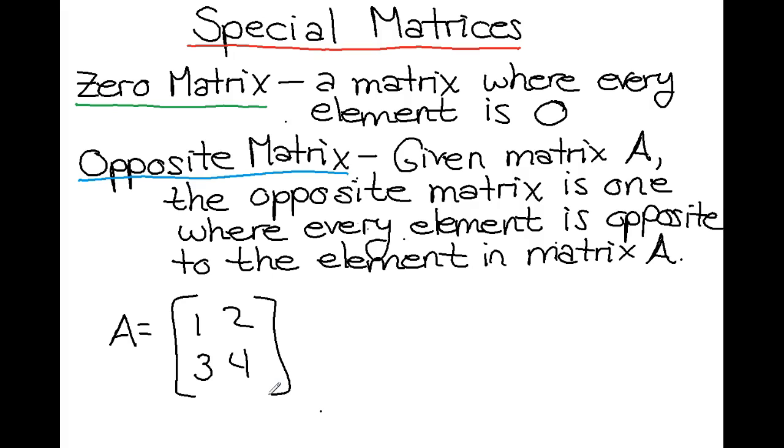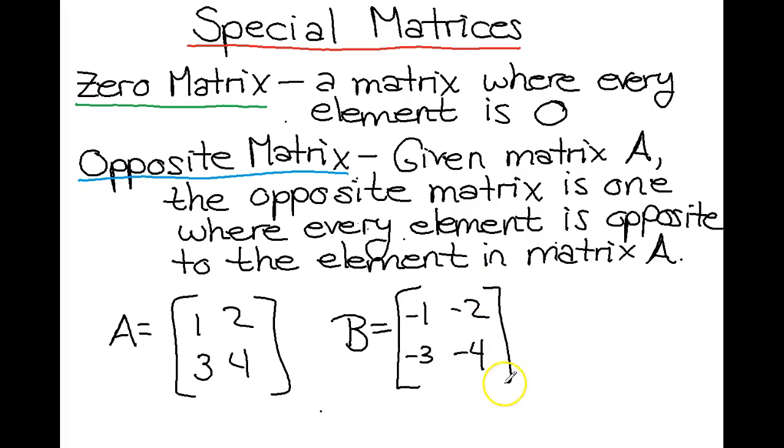The opposite matrix, which I'll call matrix B, is where every element in matrix B is opposite to the element in matrix A. So it would be -1, -2, -3, and -4. Opposites are just the same number with different signs, so if this was a -2, we would have a +2 in the opposite matrix.